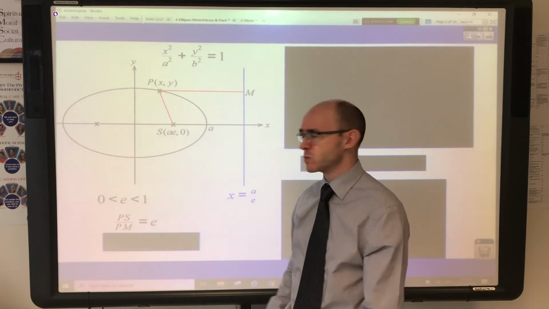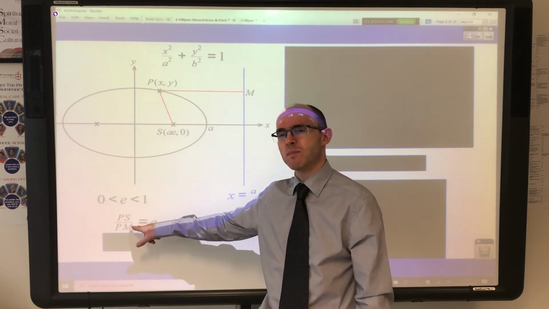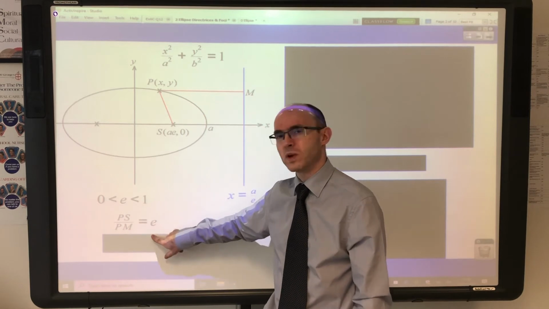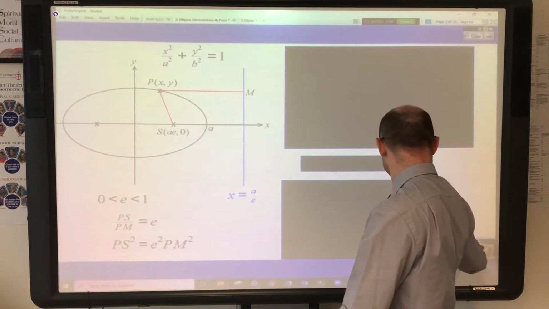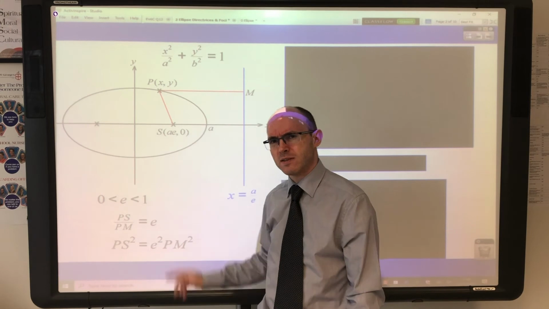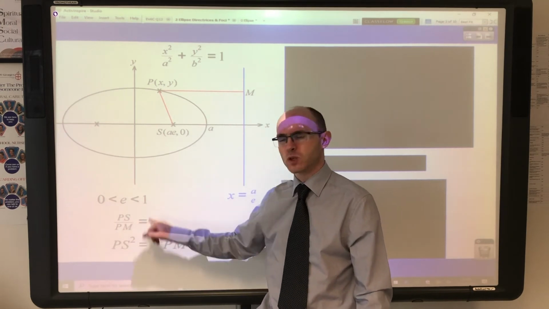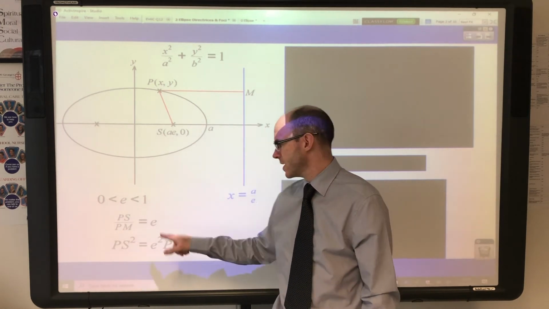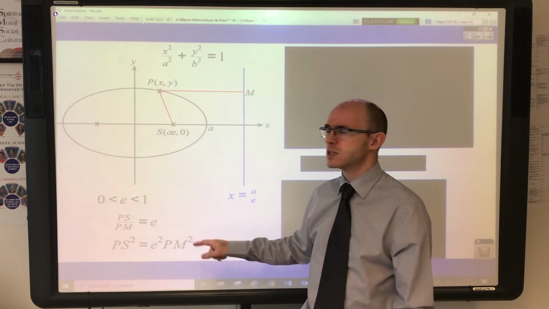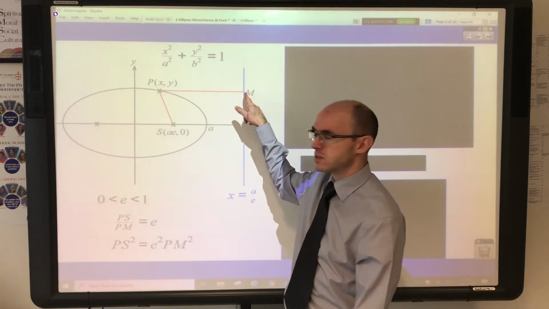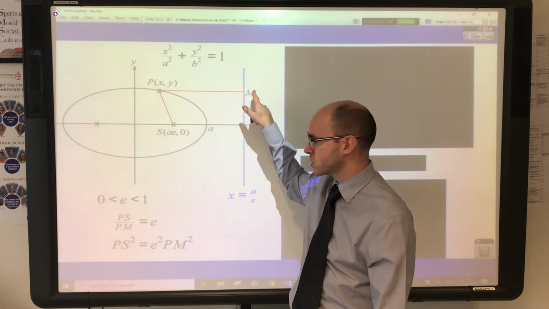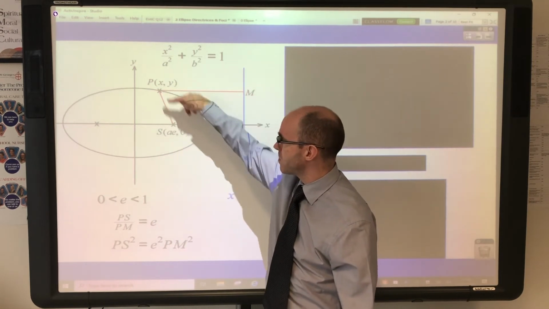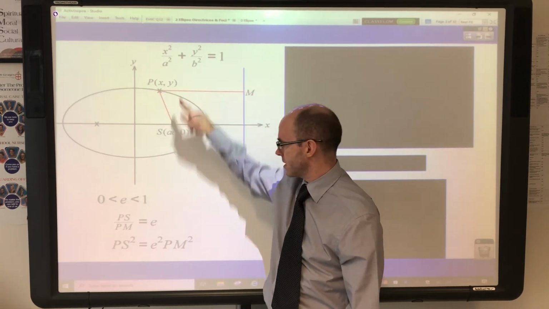Now, let me just show you how this works. If it's the case that PS over PM is equal to E, we can say this is true as well, because you can square both sides and then multiply both sides by PM squared afterwards. So you get PS squared equals E squared PM squared. So what that means is that this distance squared represents PM squared, and this distance here, PS squared, represents this bit there.